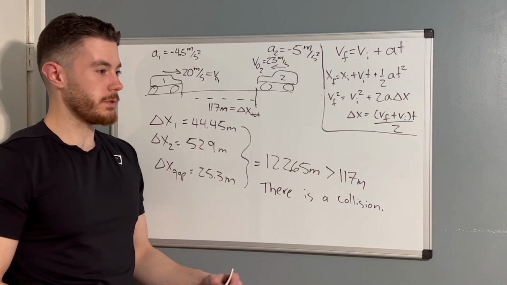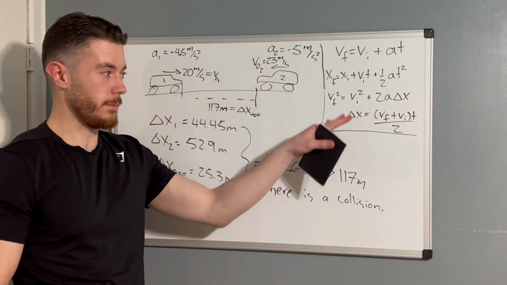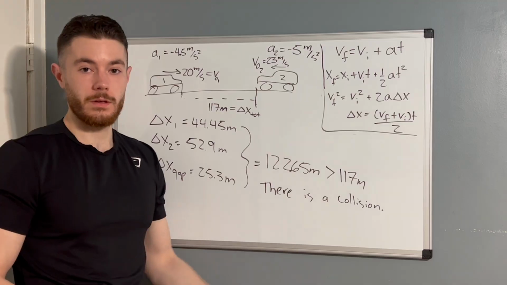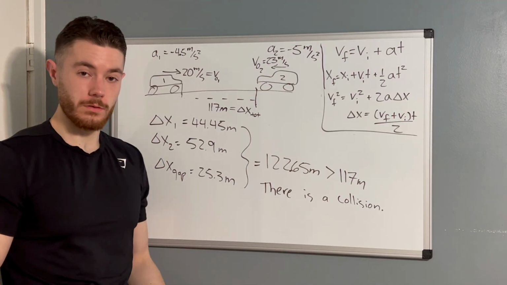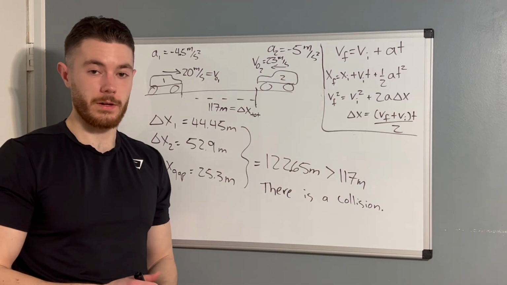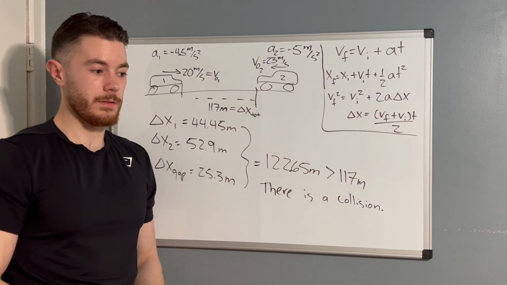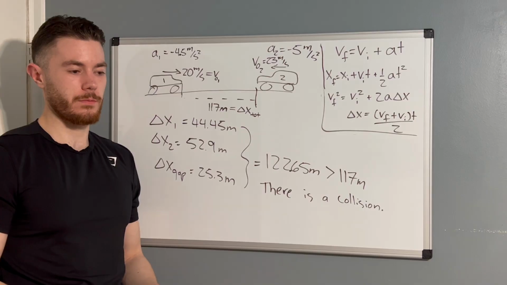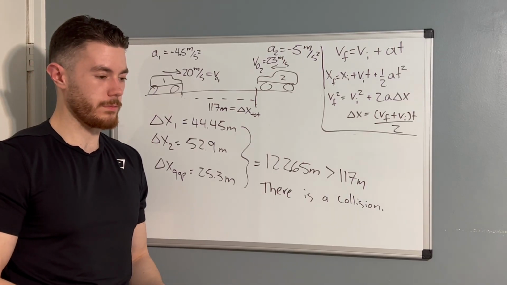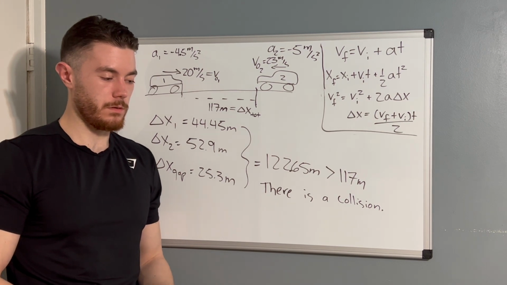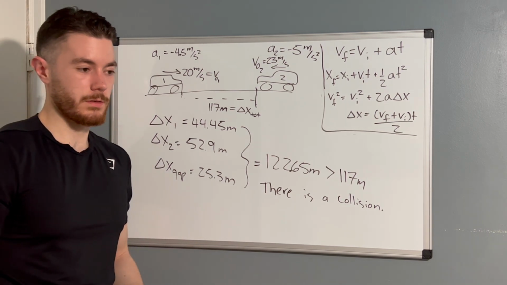So I will be showing how we can break these up if we allow the space and velocity and acceleration to be vectors. We can break them up into their respective components and solve some more complex problems, particularly projectile motion problems and things of that nature. So that'll be coming up in the next couple videos.